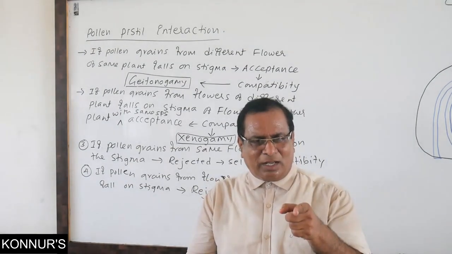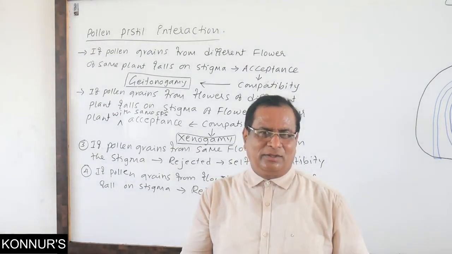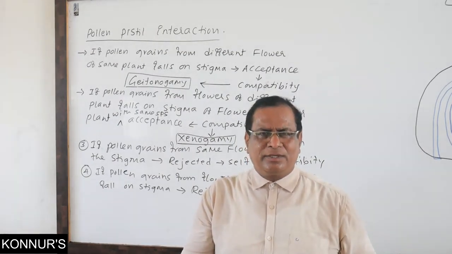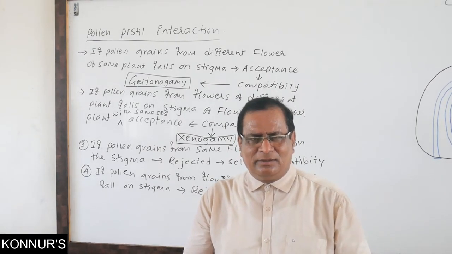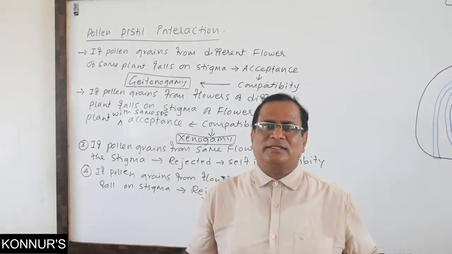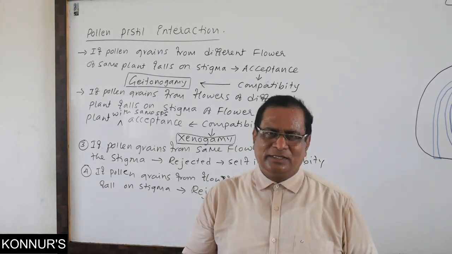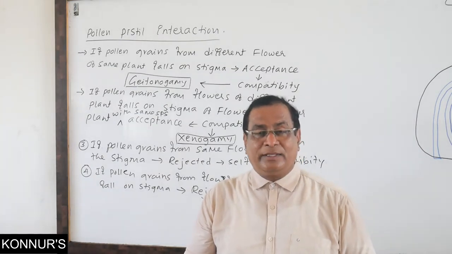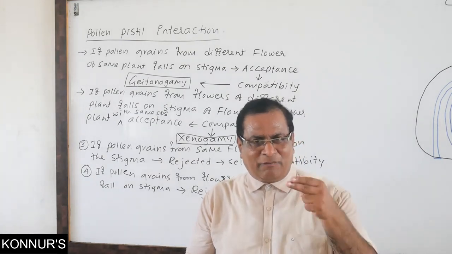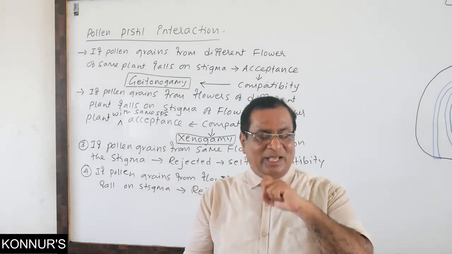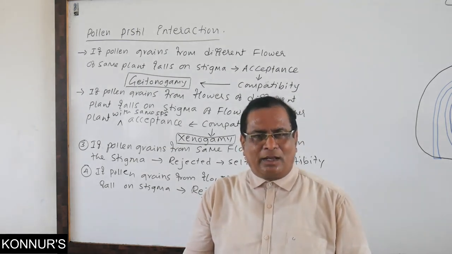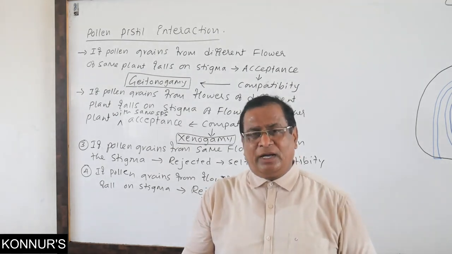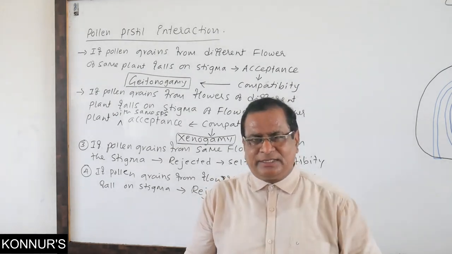And when the pollen grains fall on the stigma, it asks, "Are you from a different flower but the same species?" If it says yes, acceptance. That is compatibility. And the next is, when the pollen grain falls on the stigma, it asks, "Are you from a flower of a different plant but from the same species?"